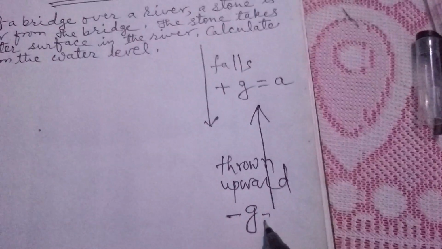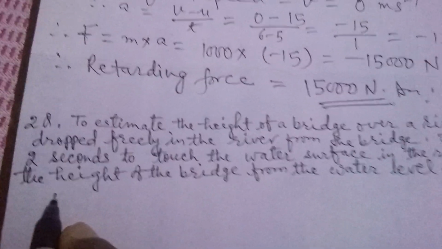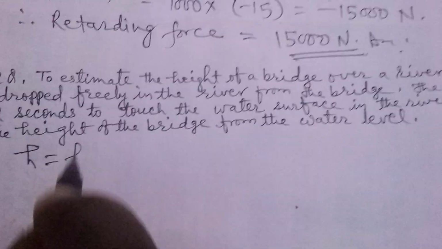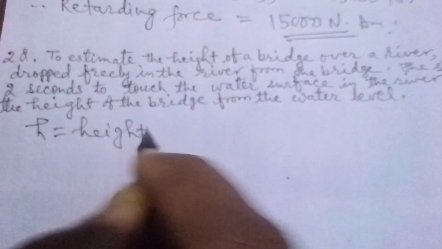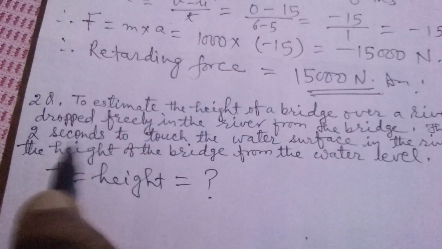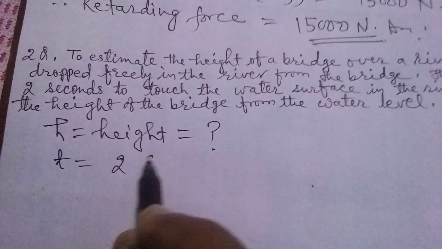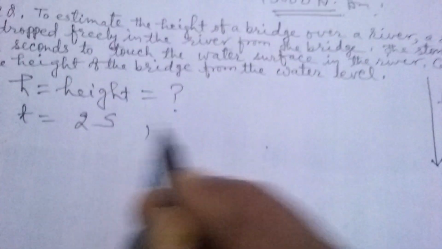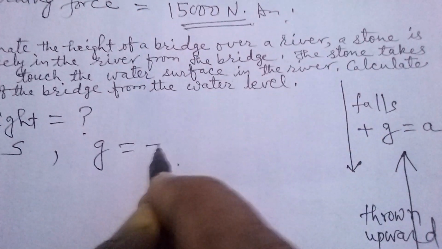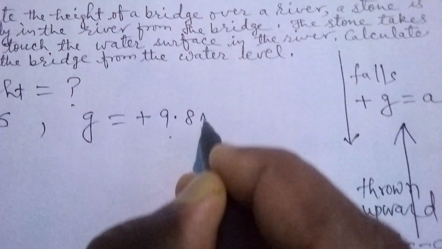Both are the same here. Now, in this case, we have to find h, that is height, equals what? Here time is given as 2 seconds, and acceleration due to gravity, that is g, is plus 9.8 meter per second square.